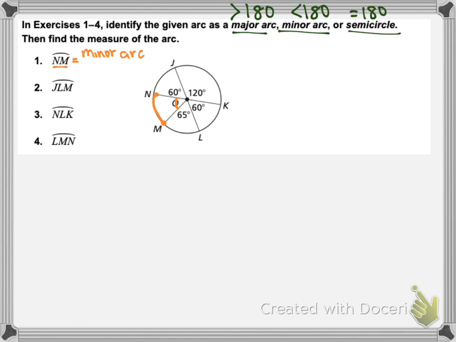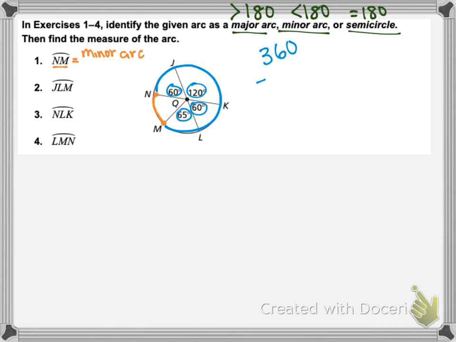What we can notice is of the whole circle, all of the angles are filled in except for the one that's in question. We know that an entire circle is 360 degrees. So if we add these up and subtract from 360, we would find our missing angle.